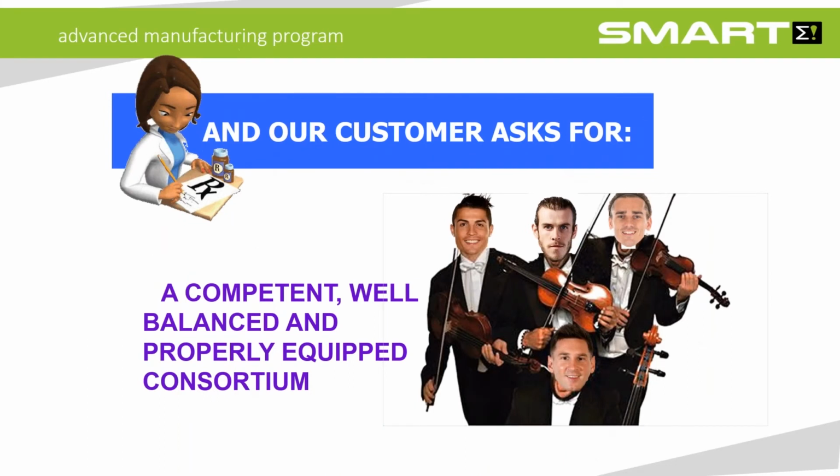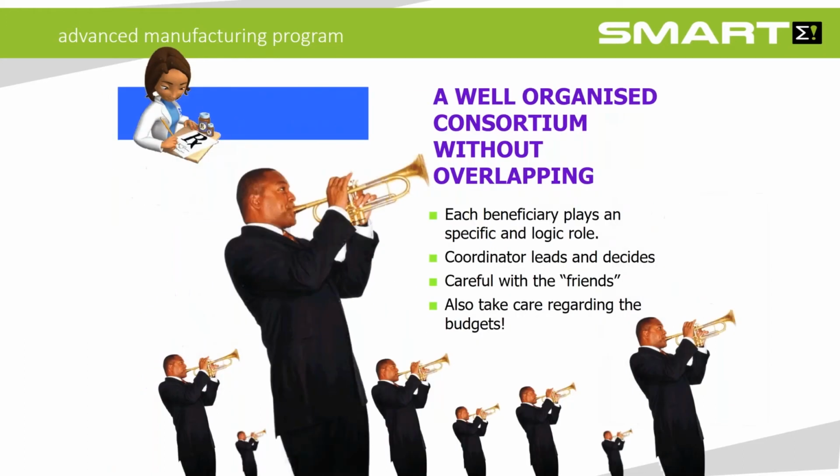The consortium is competent, well balanced, properly equipped in terms of infrastructure, skills and abilities. It's not overlapped, I mean, you don't have several partners playing the same role. And you are covering all the requested roles in your project, as I have been explaining when defining the full project proposal sections.